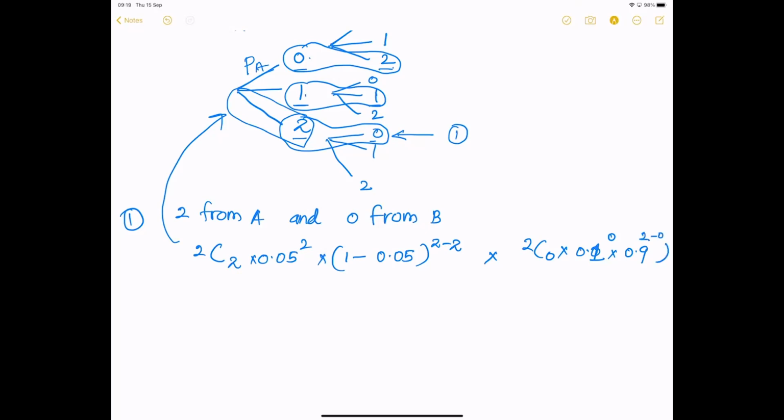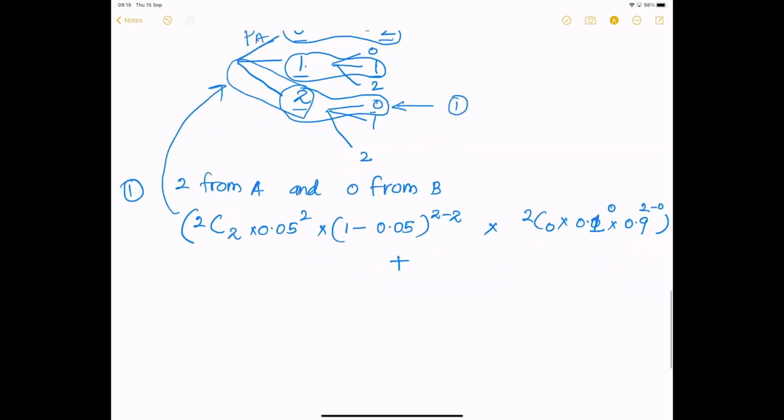That is one option. Plus, what is the second option? 1 from A and 1 from B.